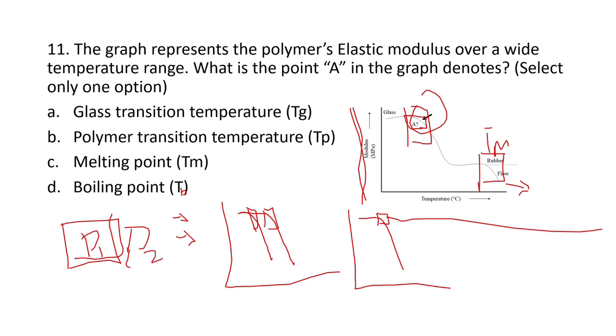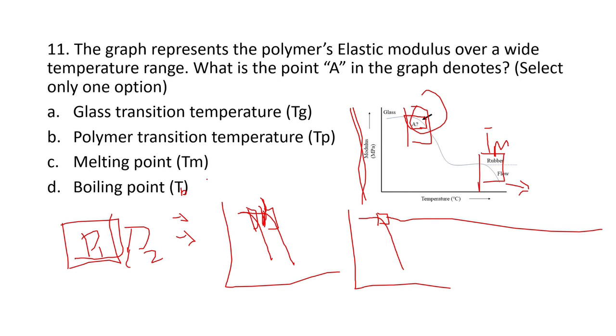When your TG is between these two TGs, then only you can confirm that you have prepared a hydrogel by combining P1 and P2. Otherwise, it means that you have just blended both these polymers and you have not prepared a completely cross-linked hydrogel. So to chemically characterize your hydrogel also, we will be looking into these characteristics.